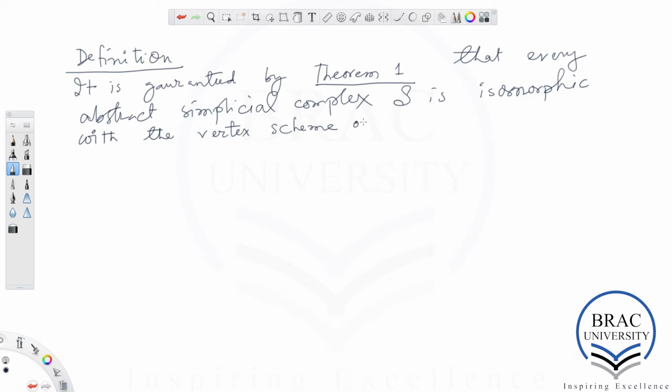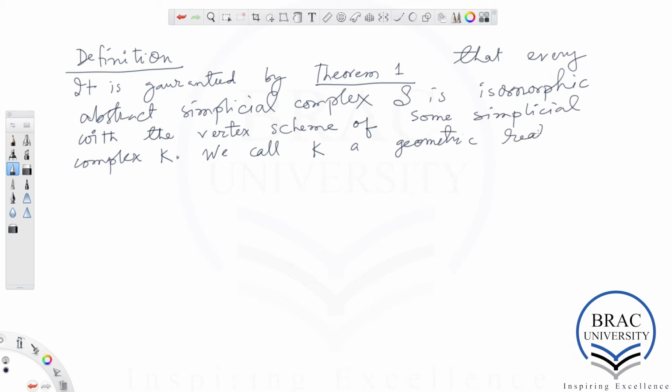The vertex scheme resulting of some simplicial complex K, we call K our geometric realization of S.